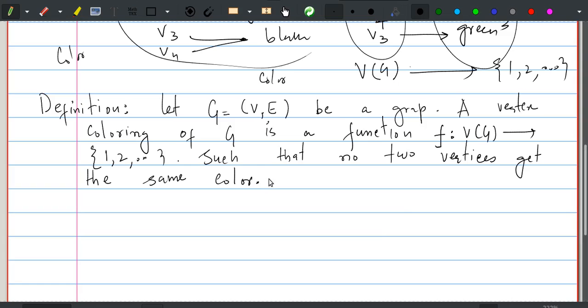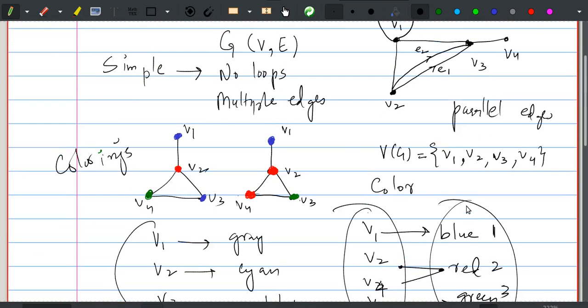Now let us define what we mean by a chromatic number. So let us look at this coloring. This is not the coloring we are interested in, because these two adjacent vertices get the same color. This is the coloring that we are looking at, because here no two adjacent vertices get the same color.